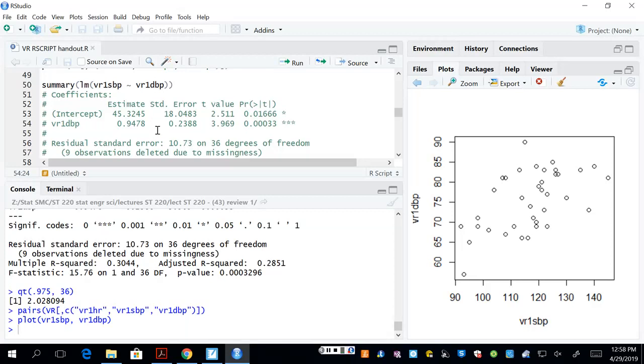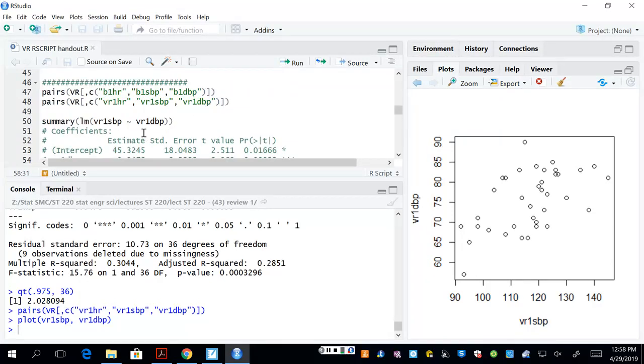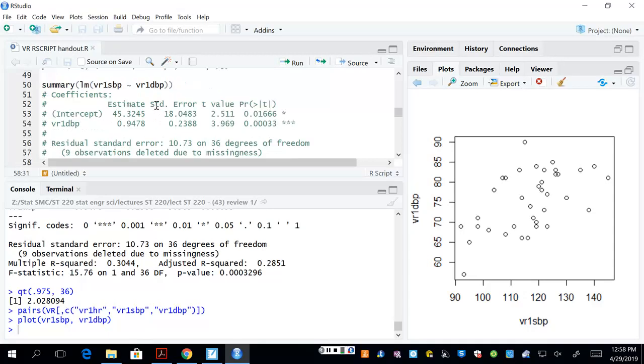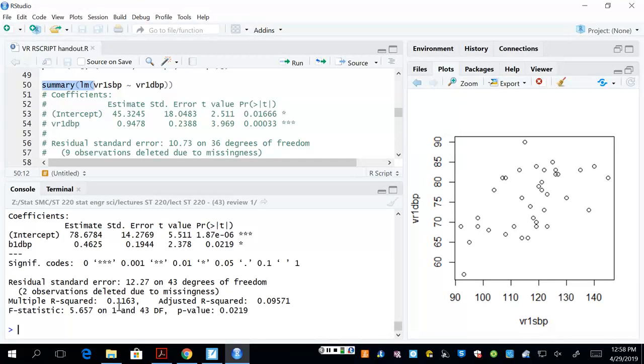45.947. This is that R squared there. That's the R squared for this one. Maybe the base one is not quite as strong. So B1 systolic blood pressure versus B1 diastolic blood pressure, oh, that was just 0.12.